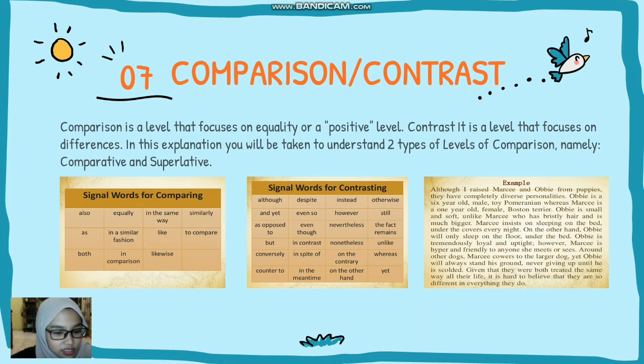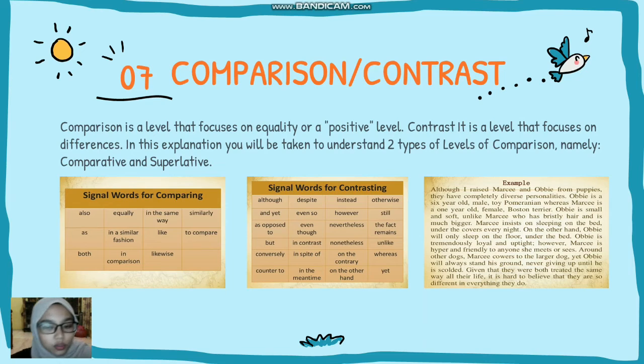And these are signal words for comparing and contrasting. In signal words for comparing, there are equally, in the same way, similarly, as, in a similar fashion, like, to compare, in comparison, likewise.